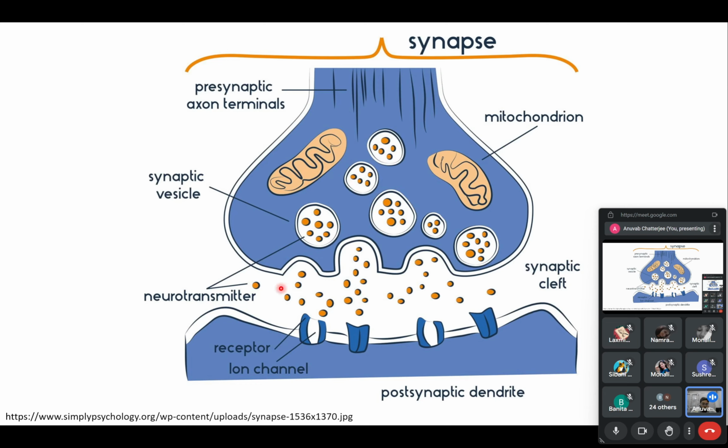The small cavity between the two neurons is known as the synaptic cleft. It is like if my two fingers are here, the two fingers are the two neurons. So the part containing the ends of the two fingers is the synapse, and the space in between the two fingers is the synaptic cleft.